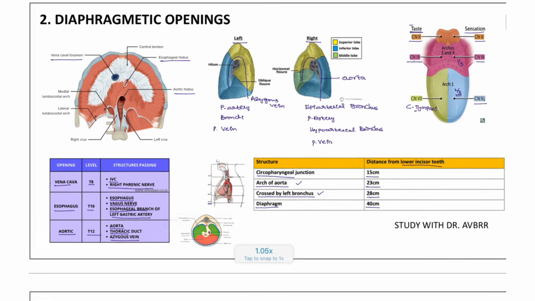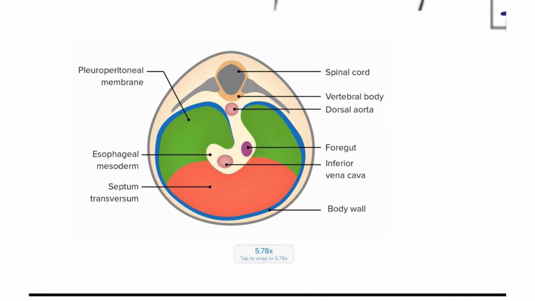Okay. Next, moving on to another picture, this is the embryological development of the diaphragm. The important one is the pleuroperitoneal membrane.